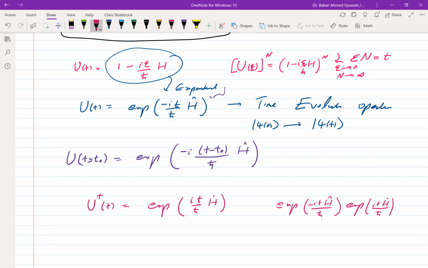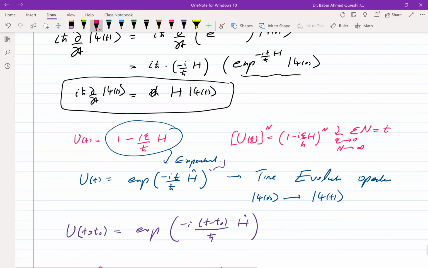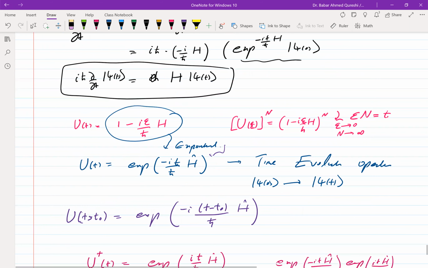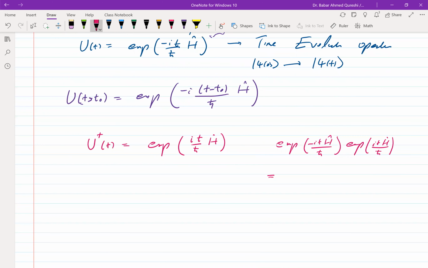Because if it's the same operator, that commutes. So in that case only, you can add the exponents. And it gives you identity.